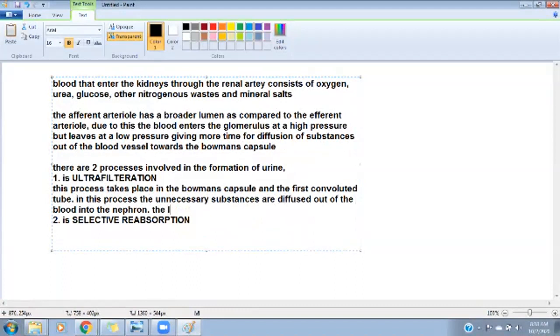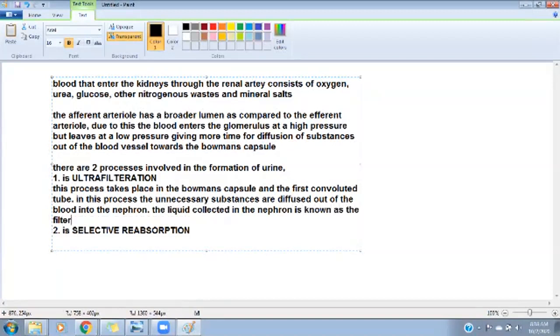The liquid collected in the nephron is known as the filtrate. तो जो लिक्विड कलेक्ट हुआ है नेफ्रॉन में, it is known as the filtrate. At the moment it is not known as urine. अभी उसको यूरिन नहीं कहेंगे.